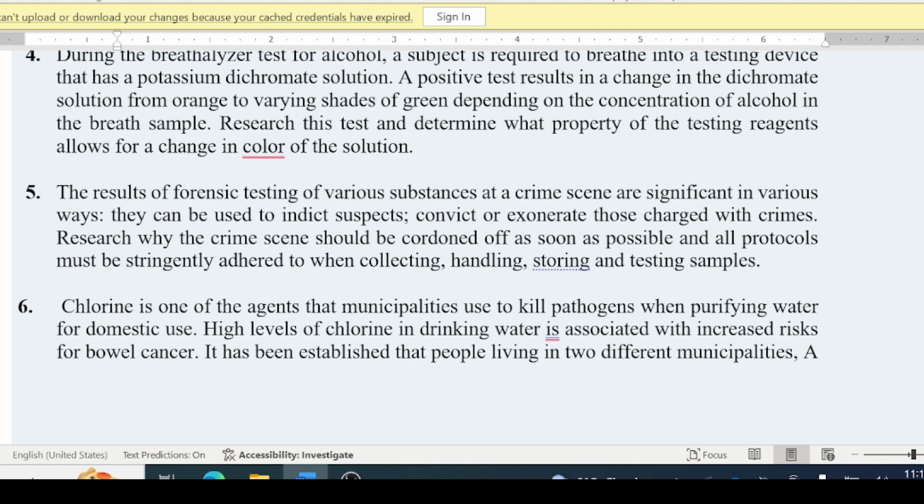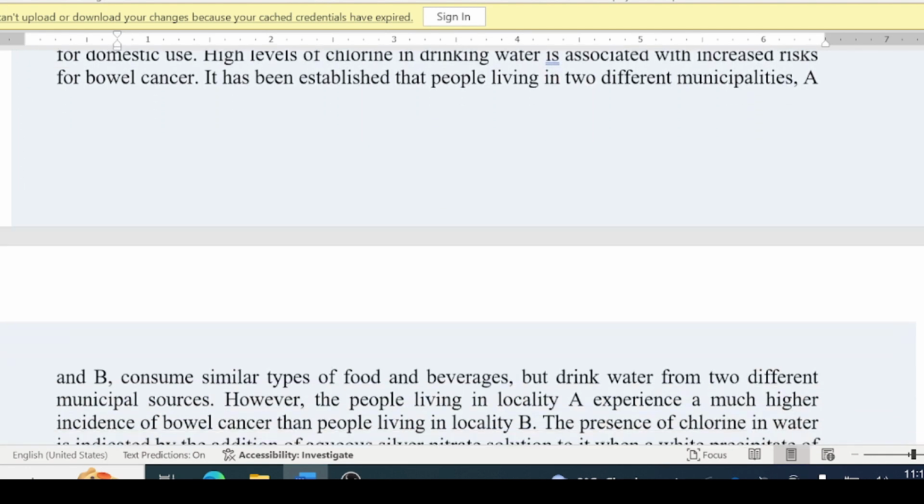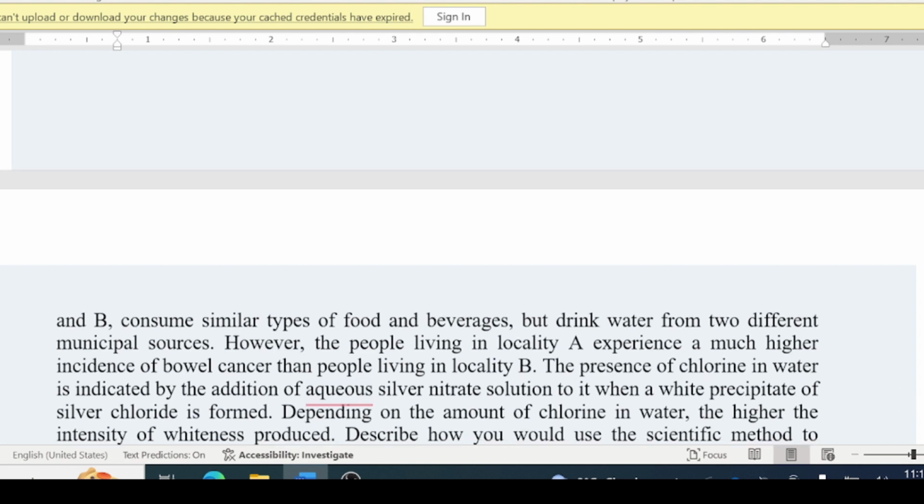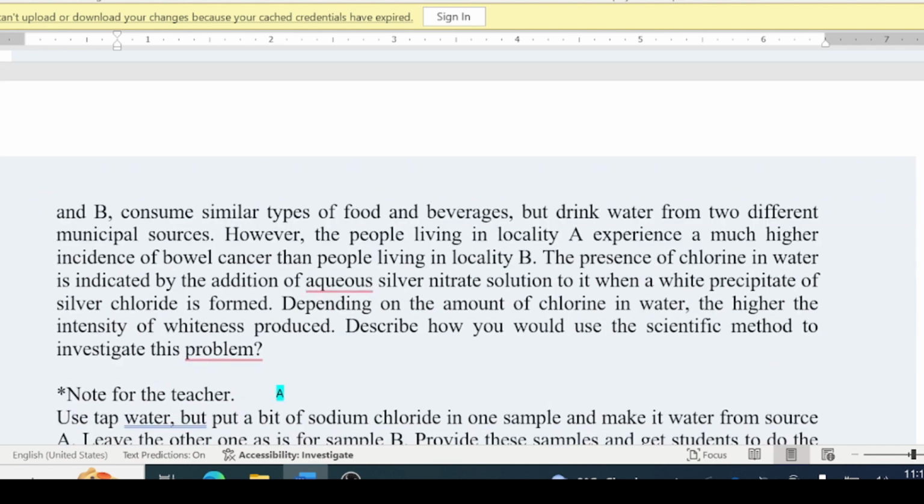I say chlorine is one of the agents that municipalities use to kill pathogens when purifying water for domestic use. High levels of chlorine in drinking water are associated with risk for bowel cancer. It has been established that people living in two different municipalities, A and B, consume similar types of food and beverages, but they drink water from two different municipal sources.